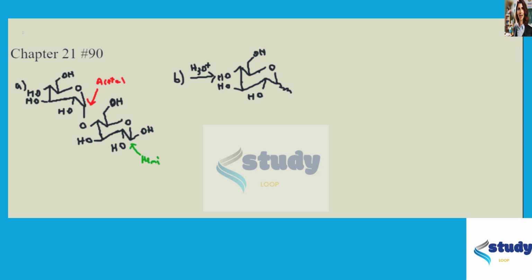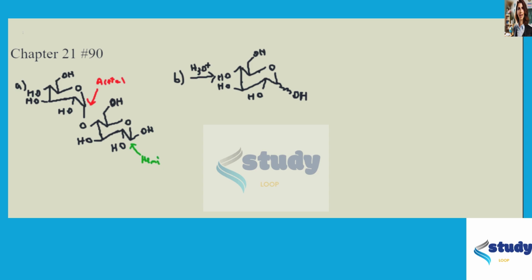And the squiggle means either or. So this alcohol could be equatorial or axial. And so it'll be a mixture, really, of equatorial and axial there.